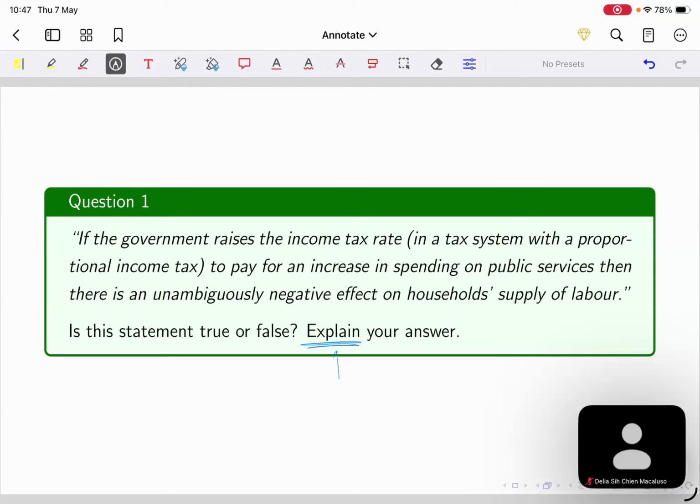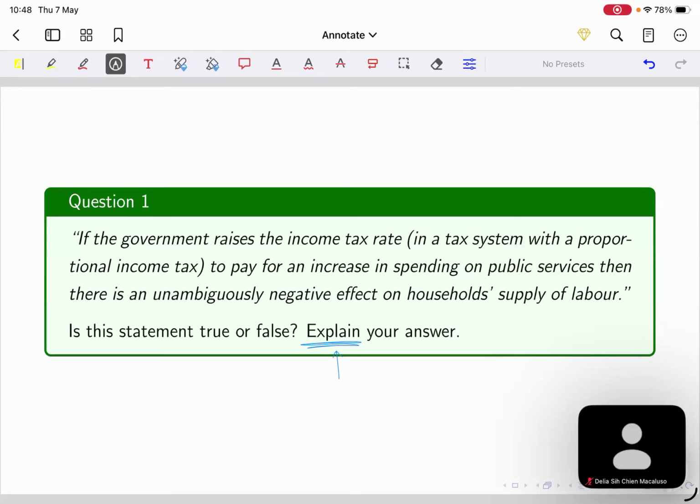This is arguably the most important part of your answer, even more than getting the true or false right. It follows that a simple true or false answer without an explanation is really not considered an answer. And possibly, if you have a good explanation with the wrong answer, that's more valuable. Okay, so let's read this statement.